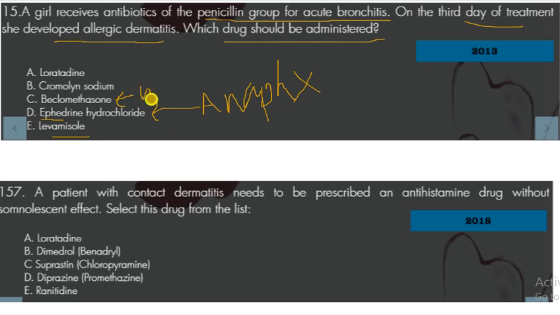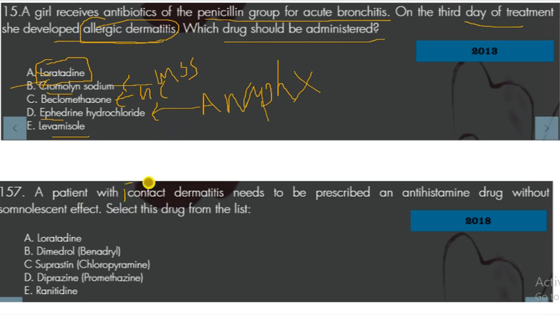Beclomethasone? No, it's a glucocorticoid. Cromolyn, which is a mast cell stabilizer. So for allergic dermatitis, we should prescribe loratadine, a second generation H1 receptor blocker.